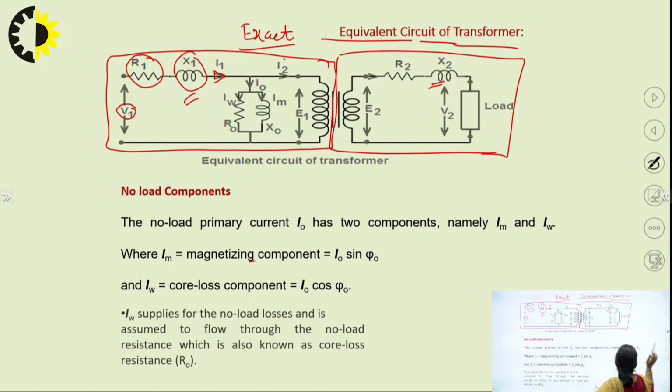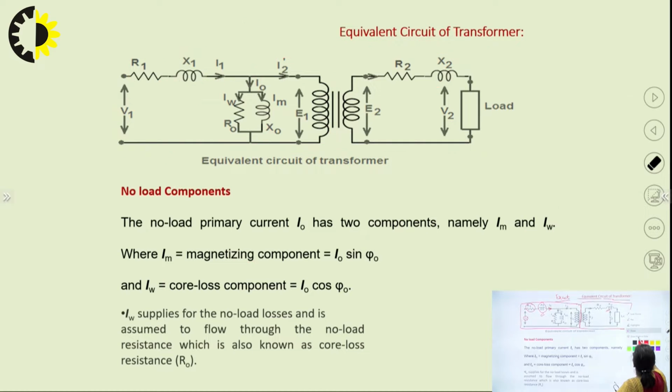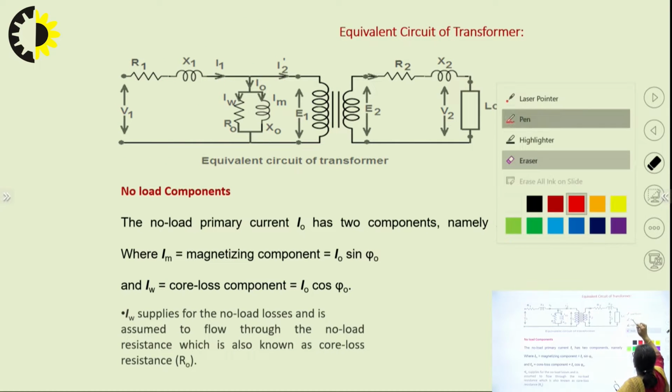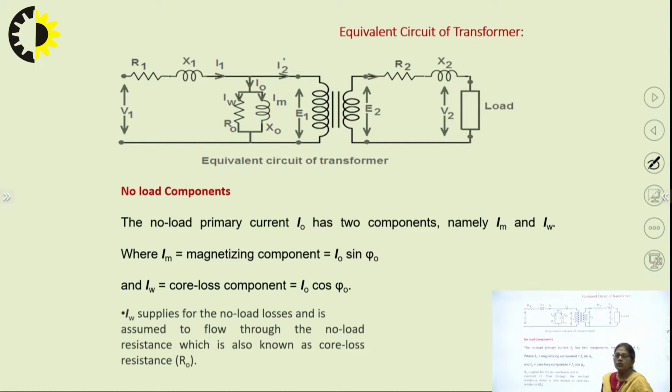Then let us remember that the input current to the transformer, I1, has to be the phasor sum of I0 and I2 dash.